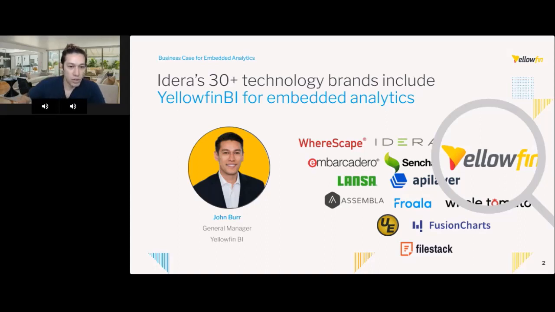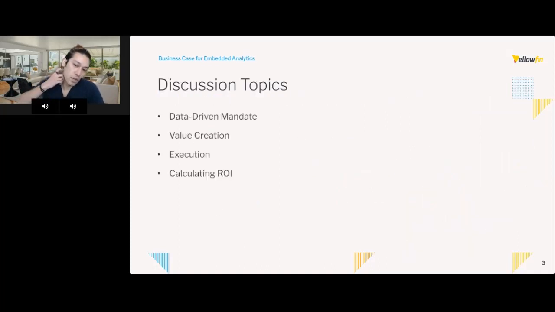But today we are here to talk about making your business case for embedded analytics. Just a brief preview of what we'll talk about today. So first, data-driven mandates. So we know that companies are mandating more data-driven decision-making. That is what we've seen over the past number of years with many companies, and no surprise to us here.